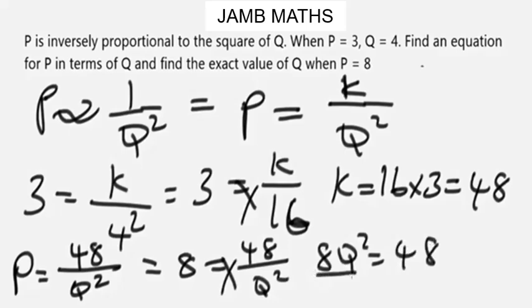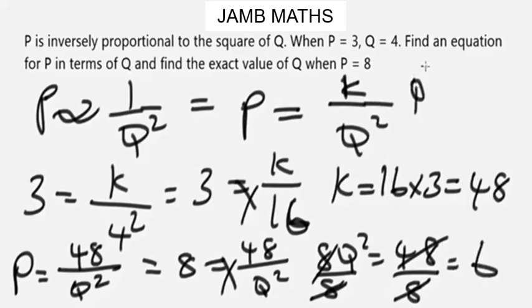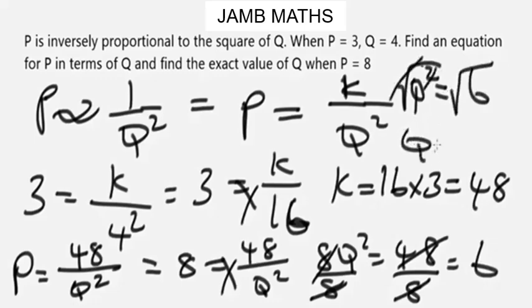Divide both sides by 8. So 48 divided by 8 is going to give us 6. So we have q squared equals 6. To make q the subject of the formula, you square root both sides. That means our q will now be the square root of 6. And that will be the answer to this question.